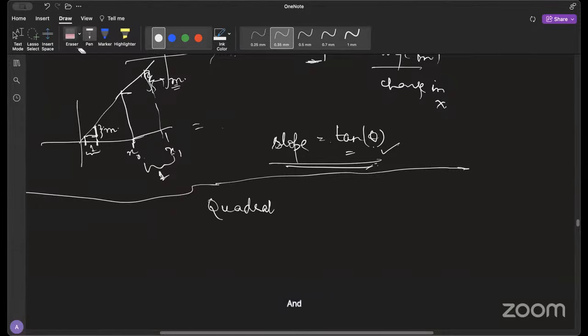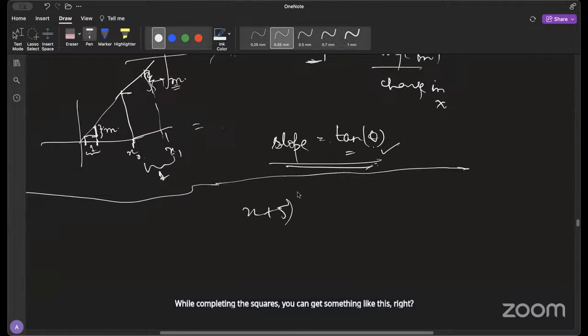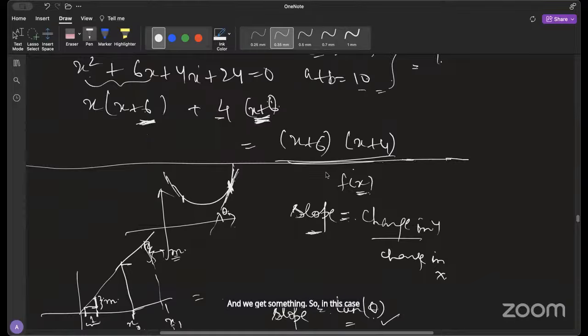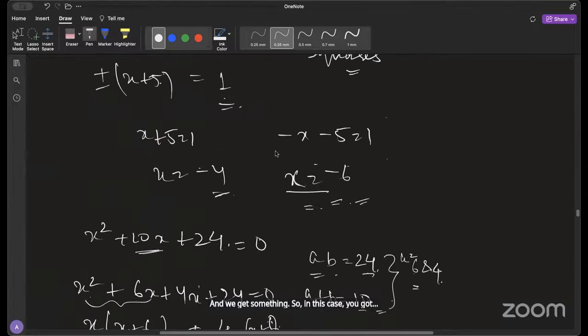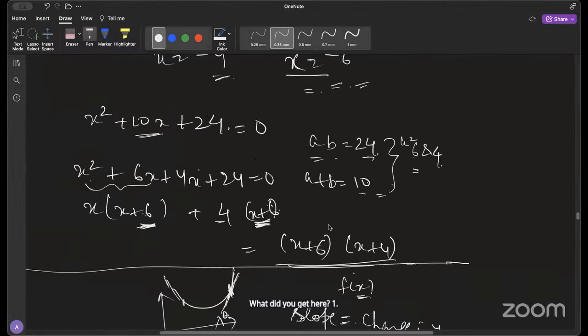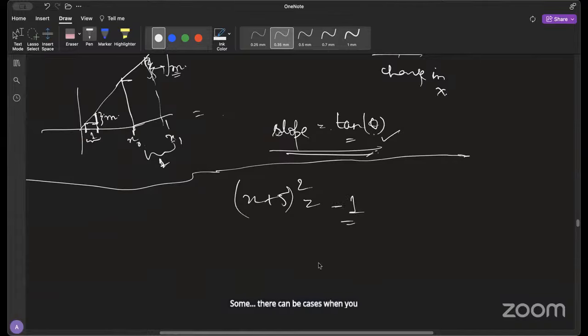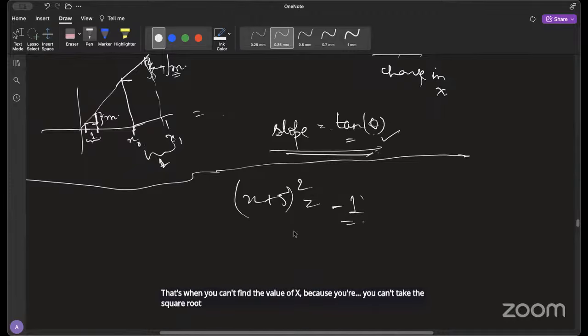There'll be times when, while completing the squares, you can get something like this, right? In this case, you got 1. There can be cases when you get a -1 here. That's when you can't find the value of x because you can't take the square root of -1.